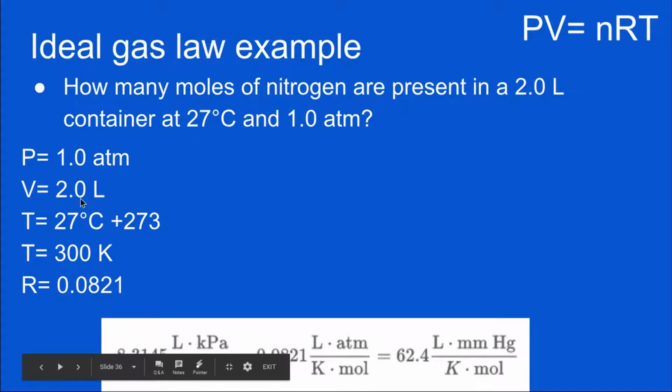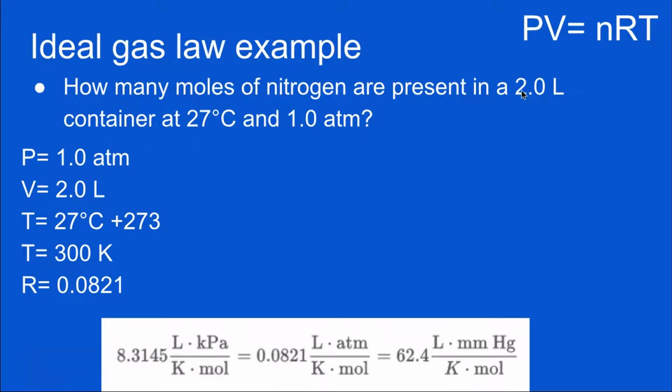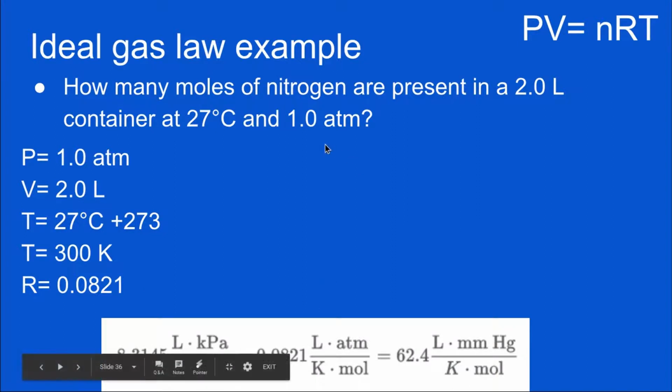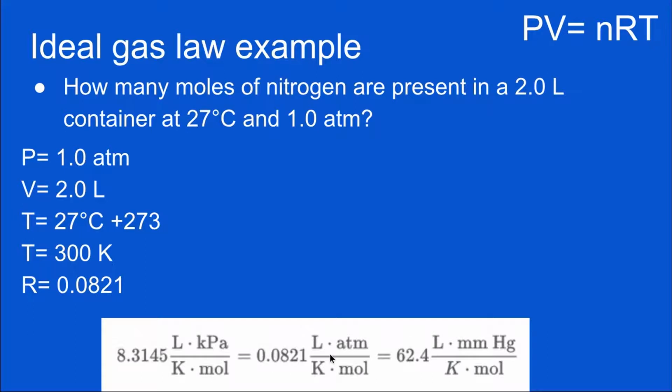We know that the volume is 2.0 liters, and the temperature is 27 degrees Celsius, but we can't use Celsius. It has to be in Kelvin, so we add 273 for our 300 Kelvin temperature. And finally, R will be 0.0821 because our pressure is given in atmospheres, so we use the atmosphere constant.